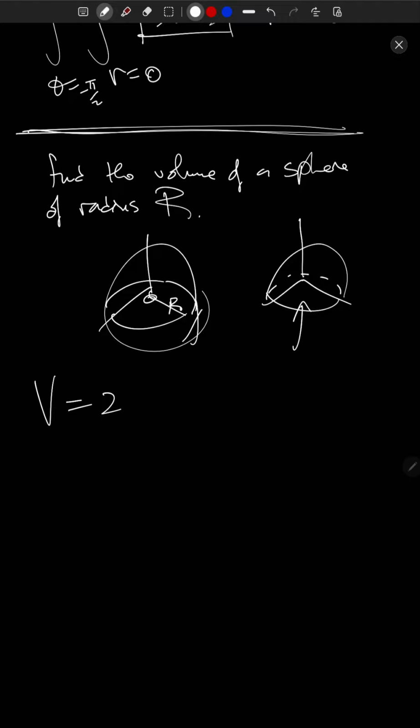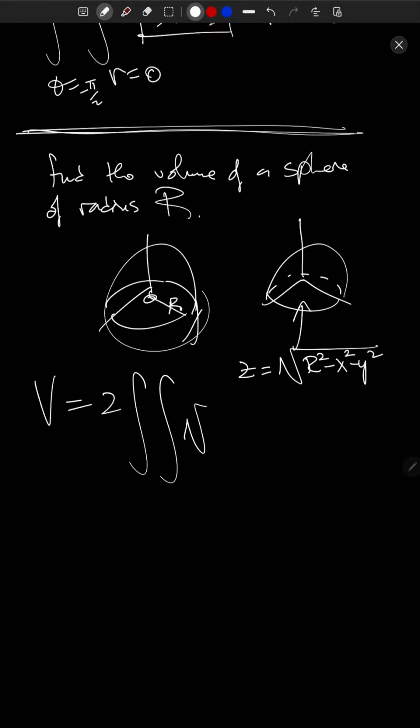I'm doing the upper hemisphere specifically because then I can just use z equals square root R squared minus x squared minus y squared as the function that I'm integrating. So 2 times the double integral of square root R squared minus x squared minus y squared dA over the region.